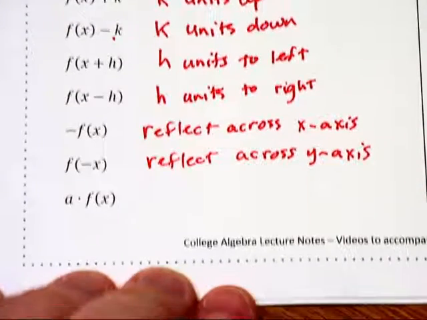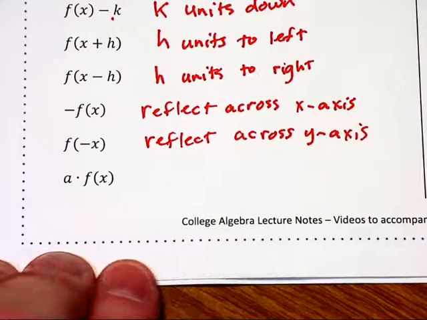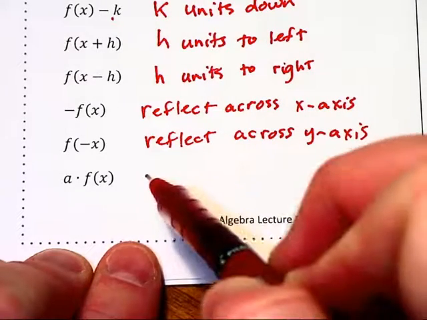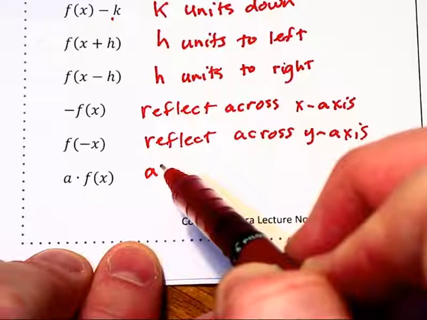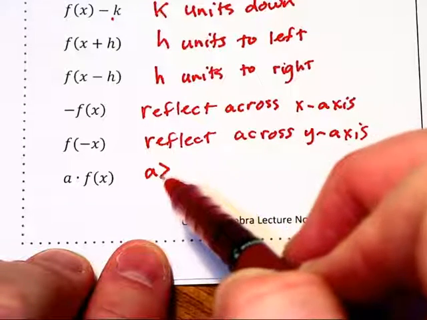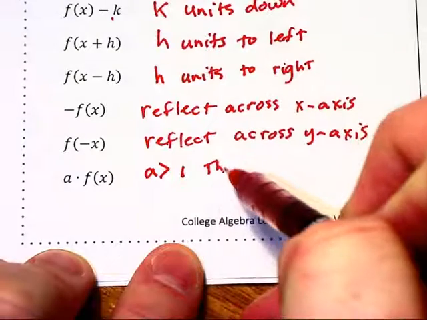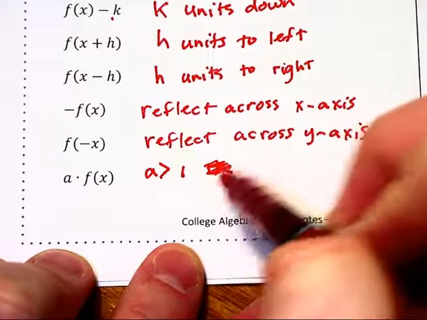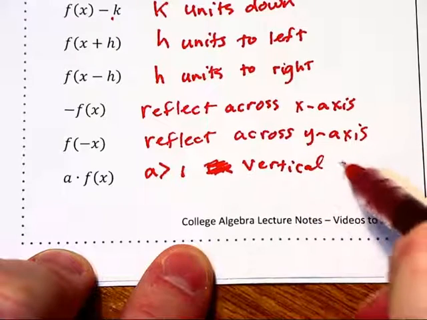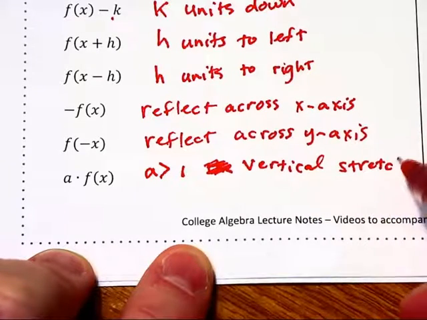And when you have a number out in front, basically it's going to be talking about a vertical stretch or a shrink. If you have a positive value and a is greater than 1, then you will have a vertical stretch, so to speak.